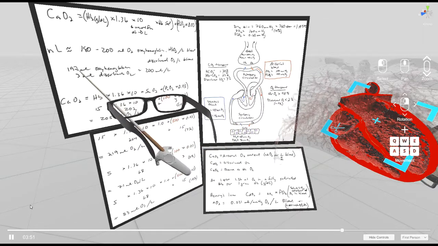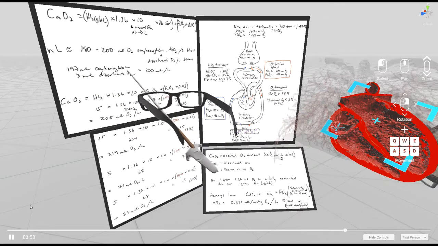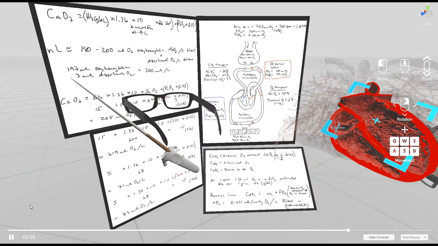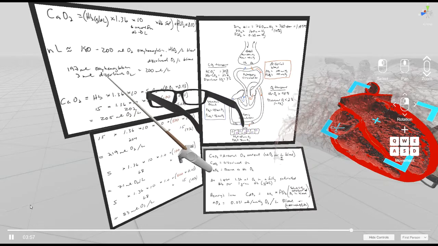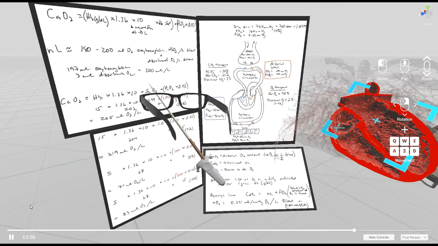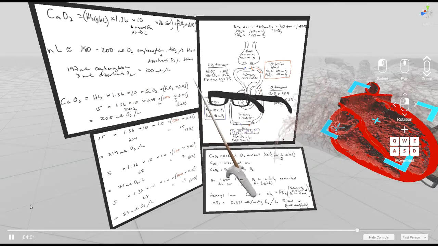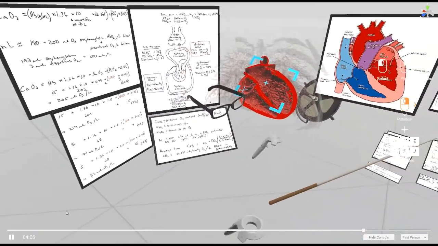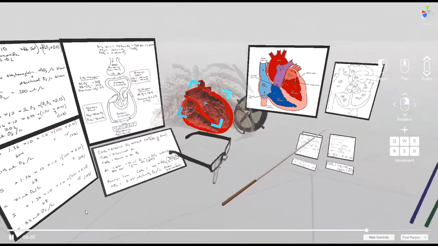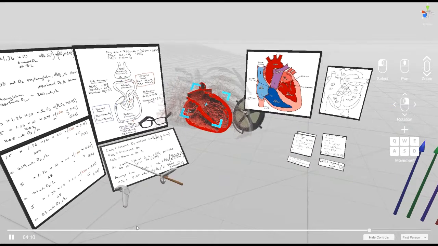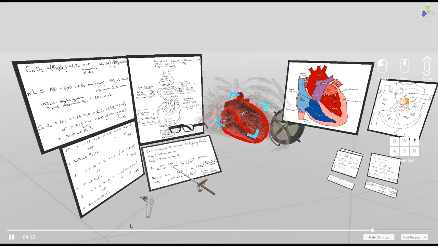Of that, about 197 is oxyhemoglobin, and only 3, so less than 2% is dissolved. And a lot of times this drops off. So normal's around 200.